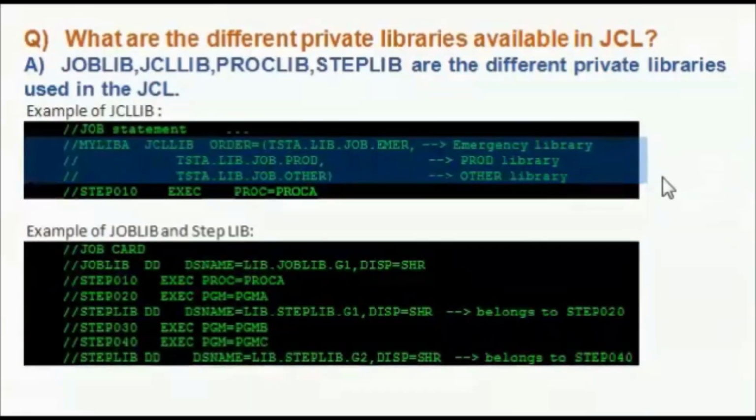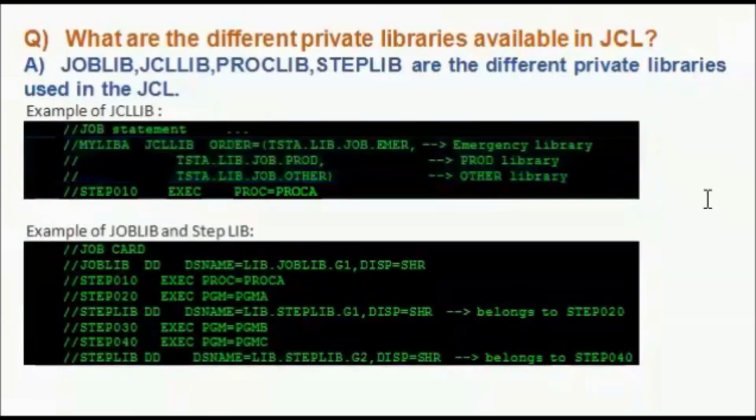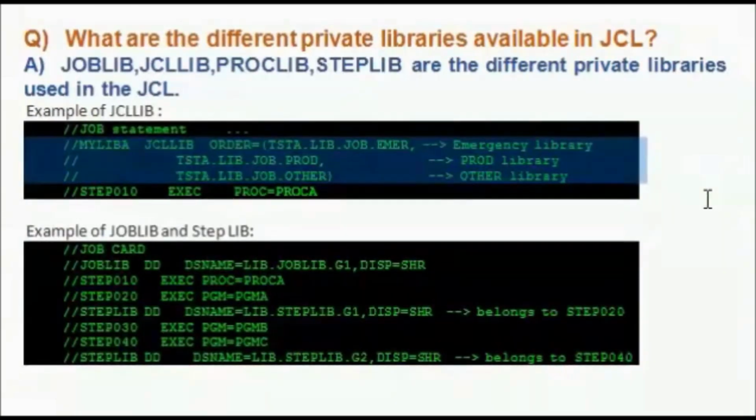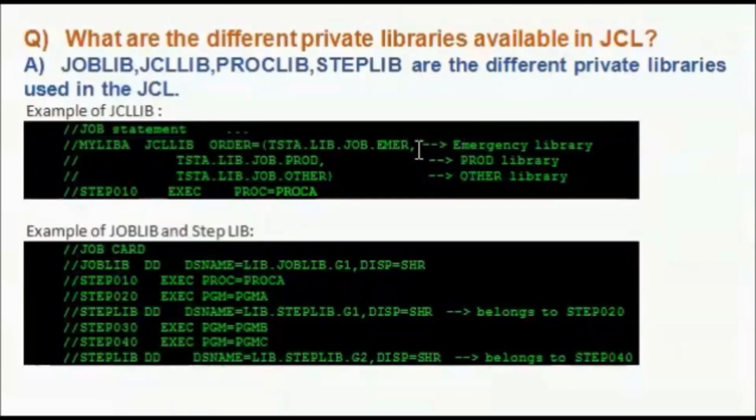If the procedure is not present in any of the libraries specified in the JCLLIB, then the system will search in the system library. So let's look at an example of a JCLLIB. In our example, the system will search for PROC A in the emergency library first, that is TSTA.LIB.JOB.EMER.